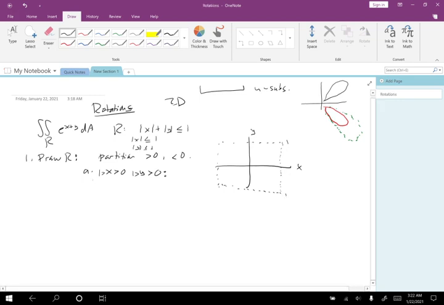So in case A, you can replace absolute value of x with x, and absolute value of y with y. So our inequality becomes x plus y less than or equal to 1, otherwise known as y less than or equal to 1 minus x. So we're going to draw the line 1 minus x, and I'm going to put an arrow downwards to indicate the region. Okay, so that wasn't bad.